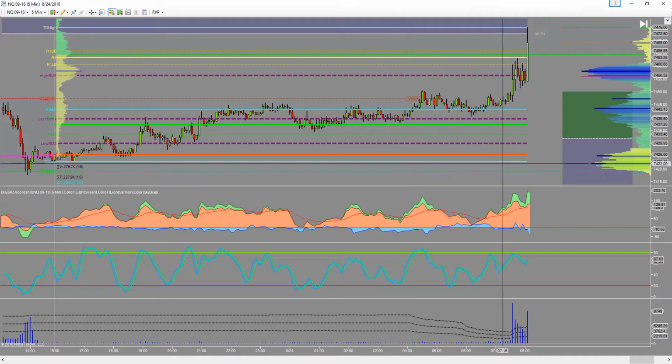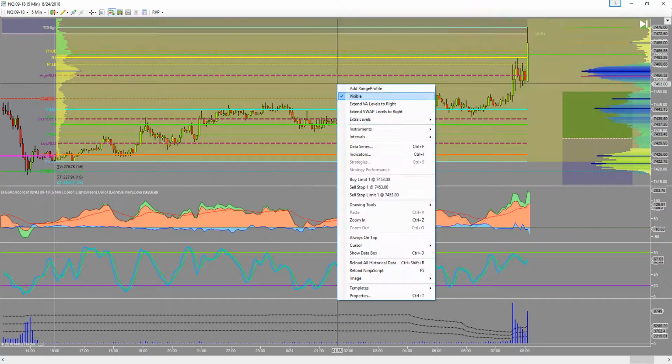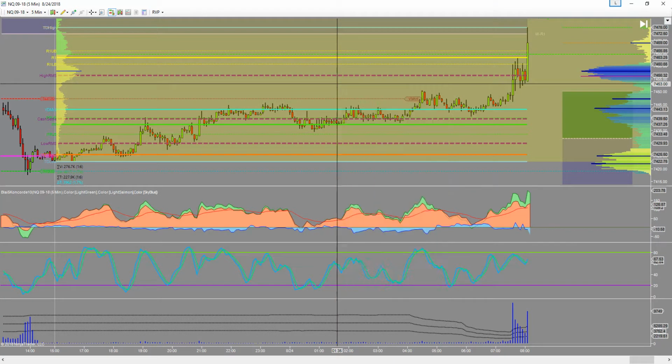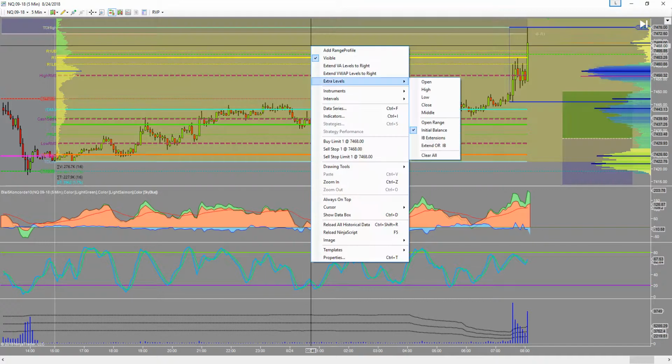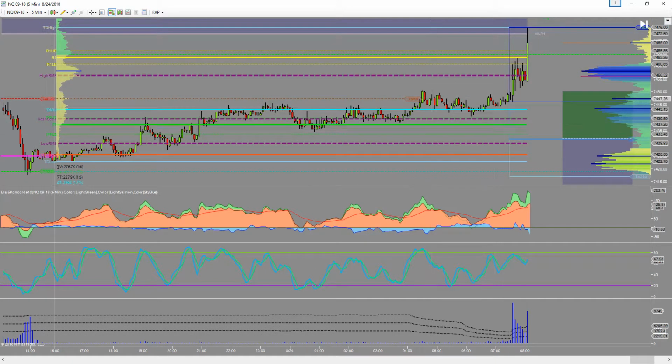So the very first thing that we need to take a look at here is that we want to trade our initial balance, and also we want our initial balance extensions, which are 1.5 and 2 times the lower and also the higher part of that initial balance range.